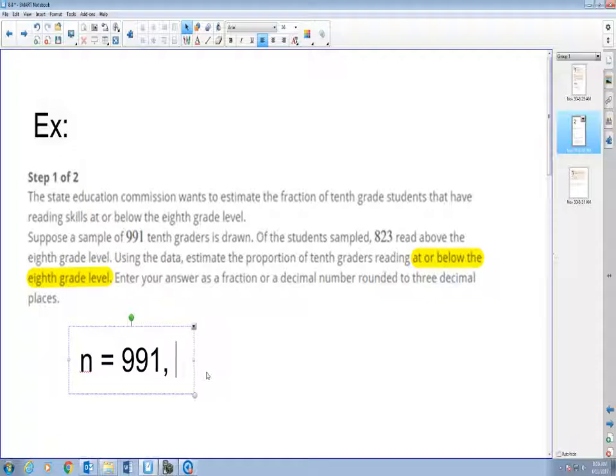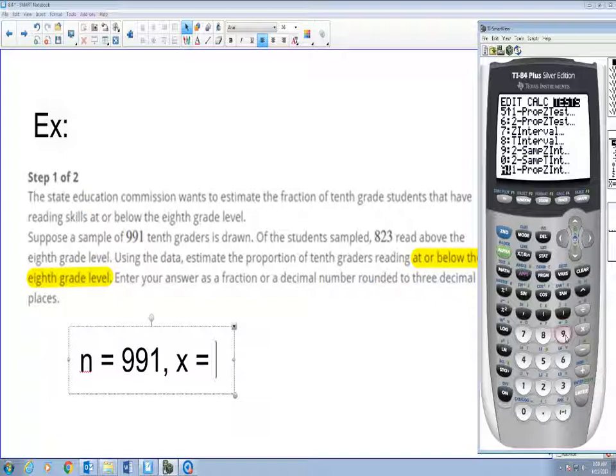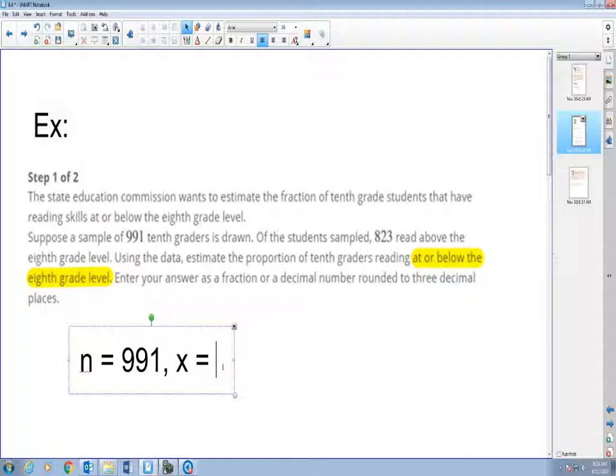The number of students that are not reading above it would be 991 minus 823. So 168 read at or below.